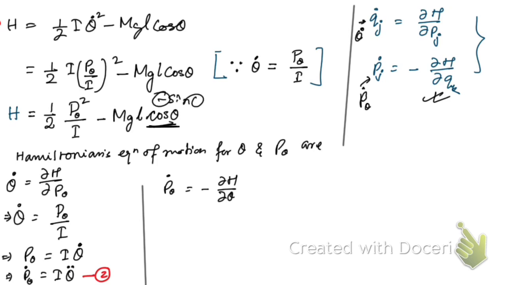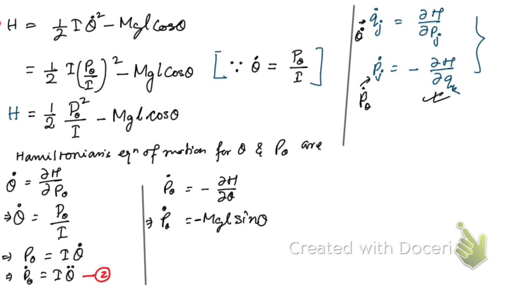This part is 0 as it is not a function of theta, so we get minus mgl sin theta, right? Hope you have understood this. So this is p_theta dot, p_theta dot, equation 3.